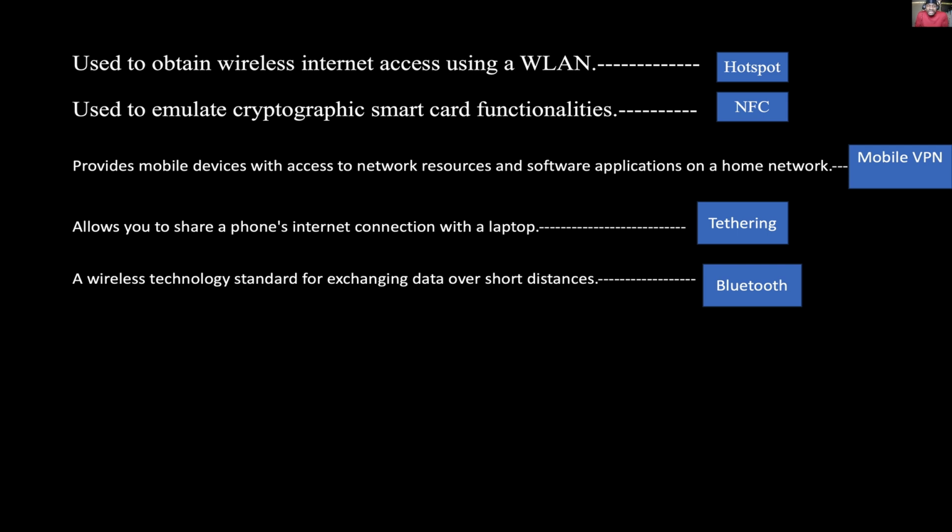Used to obtain wireless internet access using a WLAN: hotspot. Used to emulate cryptographic smart card functionalities: NFC. Provides mobile devices with access to network resources and software applications on a home network: mobile VPN.